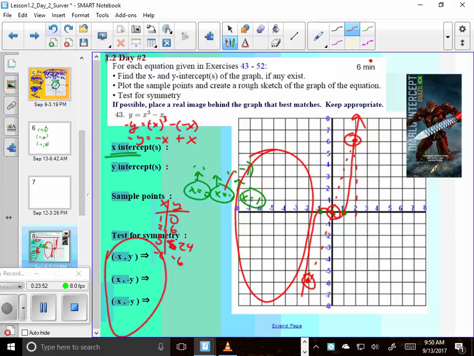And then if I multiply everything by negative 1, it'll come out to y equals positive x to the third minus x. And there it is, the same as that. Moral of the story, when I stuck in a negative x and a negative y, I got the original equation back again, so it does have origin symmetry.